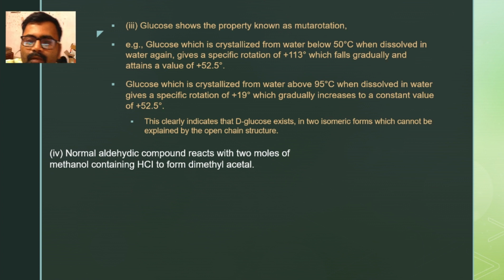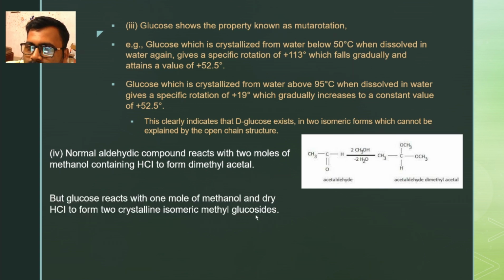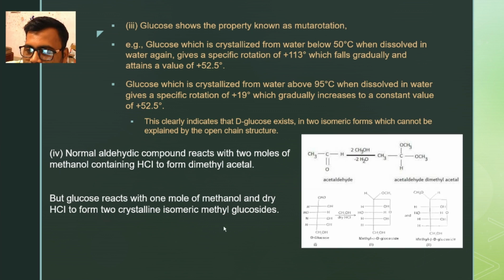Normally, an aldehydic compound reacts with 2 moles of methanol containing HCl to form a dimethyl acetal compound. So when a normal aldehyde is treated with methanol, 2 moles of methanol react with 1 mole of aldehyde to form dimethyl acetal. But when the glucose is treated with methanol, only 1 mole of methanol reacts with glucose in presence of dry HCl to form two crystalline isomeric methyl glycosides.